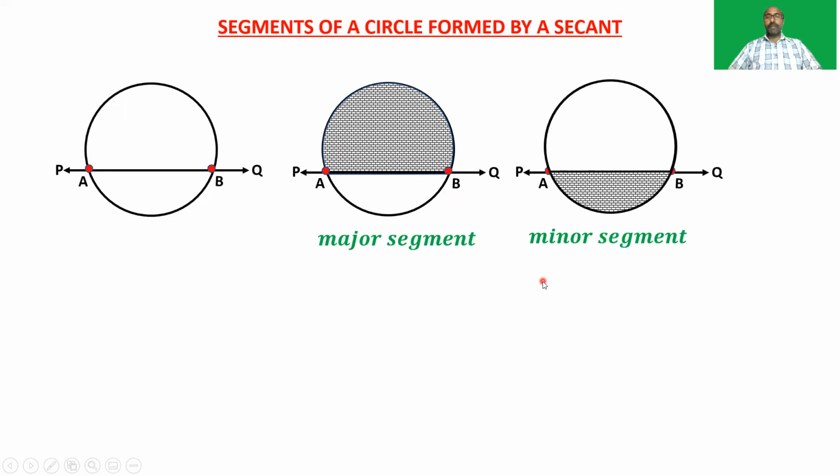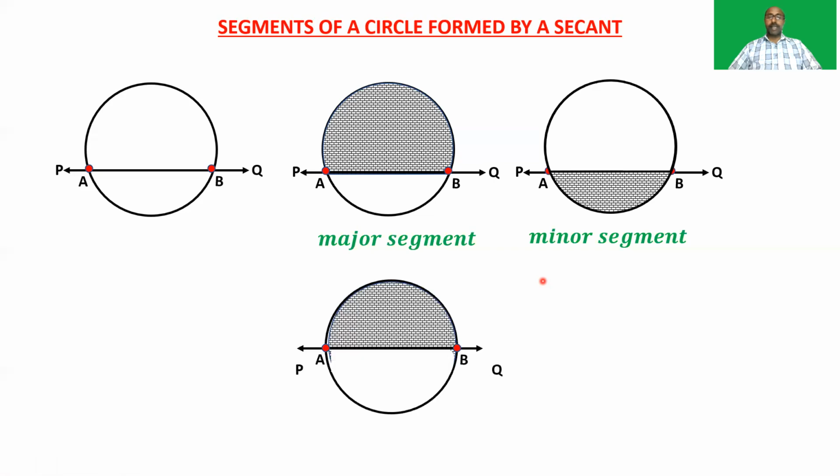And if the secant passes through the center of the circle like this, then the circle is divided into two equal parts, and each part is called a semicircle. We know that the area of the circle is pi r square, where r is the radius of the circle, so the area of the semicircle is half of pi r square.